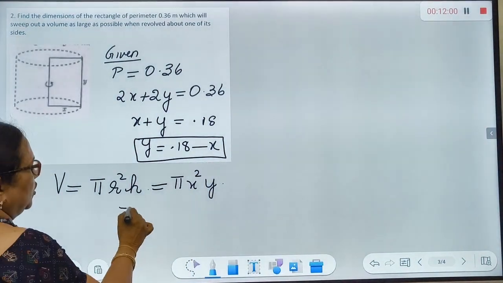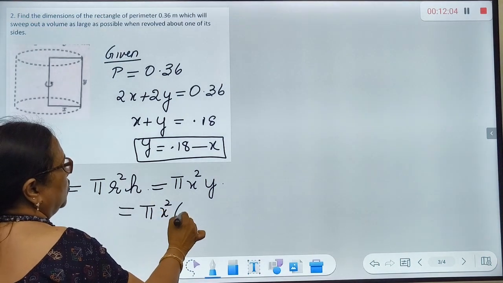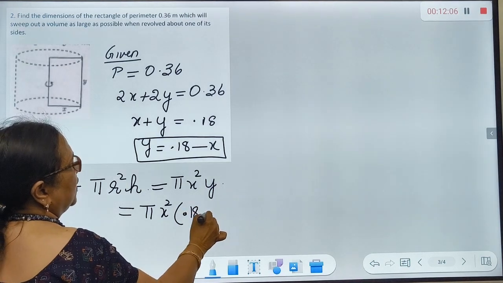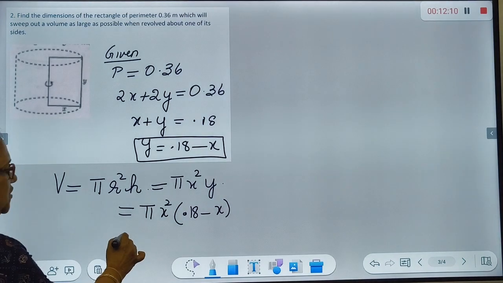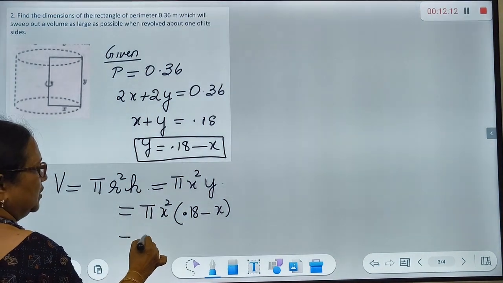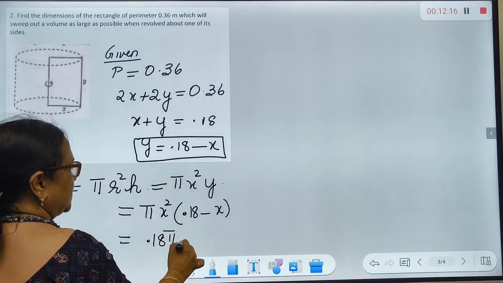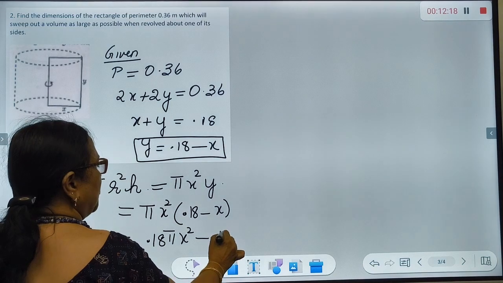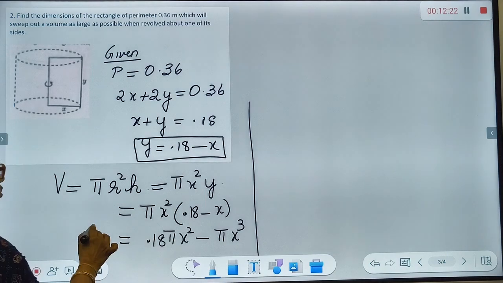So volume is equal to pi into x square into 0.18 minus x, which is 0.18 pi x square minus pi x cube. This is the volume.